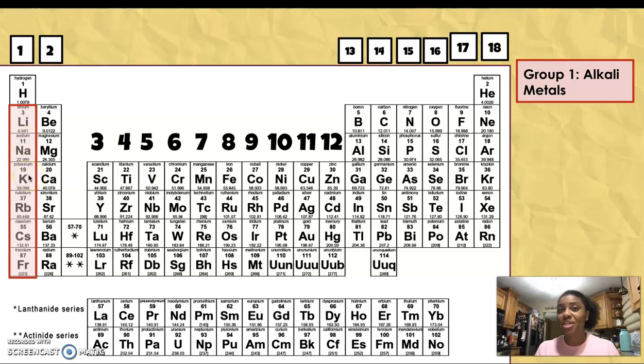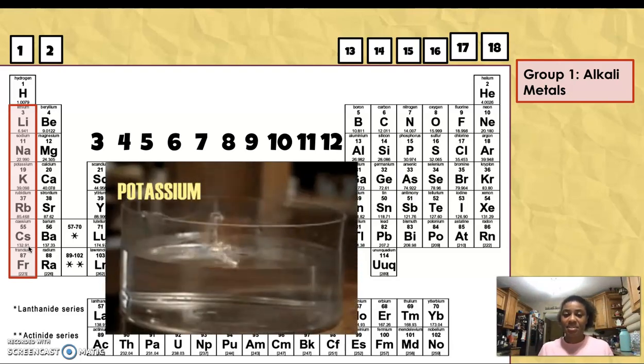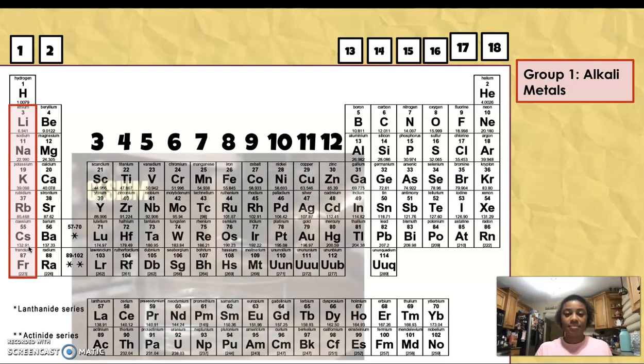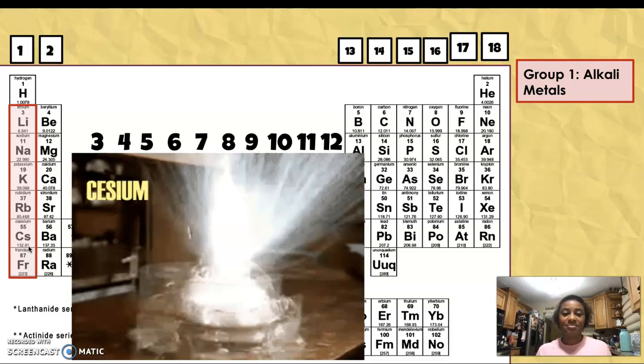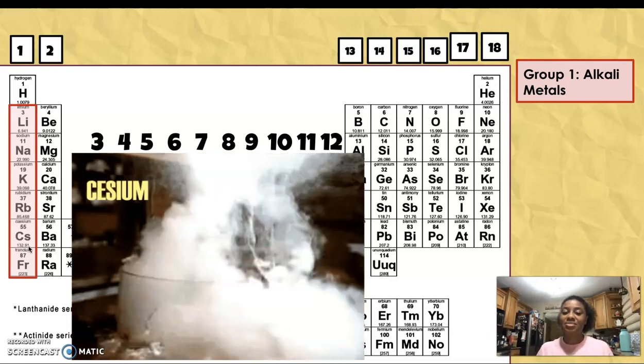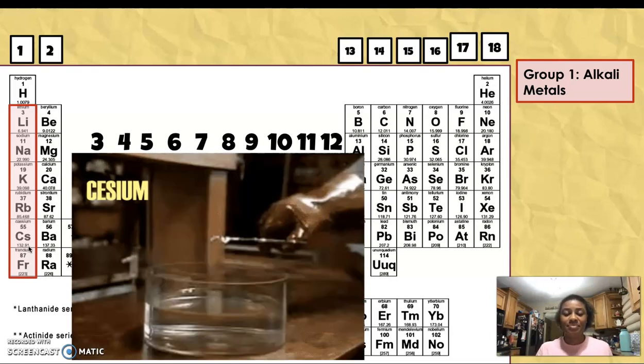Potassium will have an even bigger reaction. So as we go down the group, the characteristic is stronger. The reaction is stronger. So here's potassium in water, and here is cesium in water. You can see that the reaction is bigger.